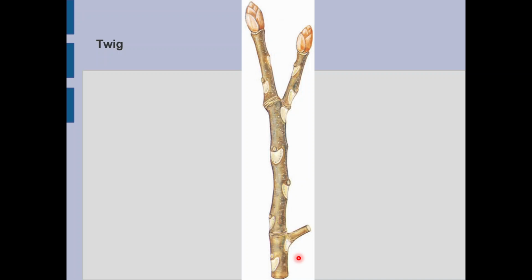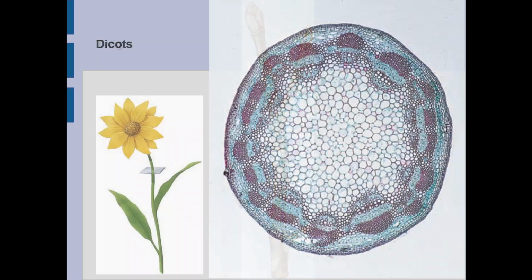The stems contain the vascular tissue, xylem and phloem, and they are different in the eudicots and monocots.